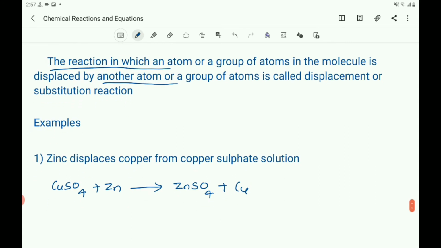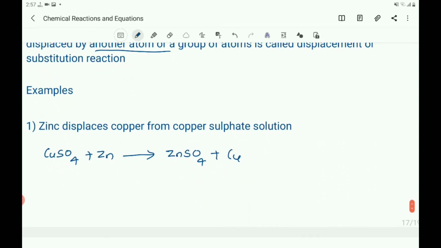Take some examples. You write some examples. First one, zinc displaces copper from copper sulfate solution. The reaction is CuSO4 reacts with zinc to give zinc sulfate, ZnSO4, and the element copper.